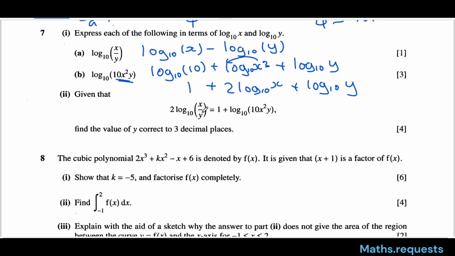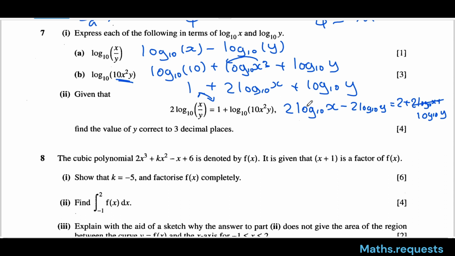Okay, so given that 2 log 10 of x over y equals 1 plus log 10 of x squared y, find the value of y correct to 3 decimal places. So we can say that 2 log base 10 x minus 2 log base 10 y equals 1 plus 1, which is 2, plus 2 log 10 x plus log 10 y.